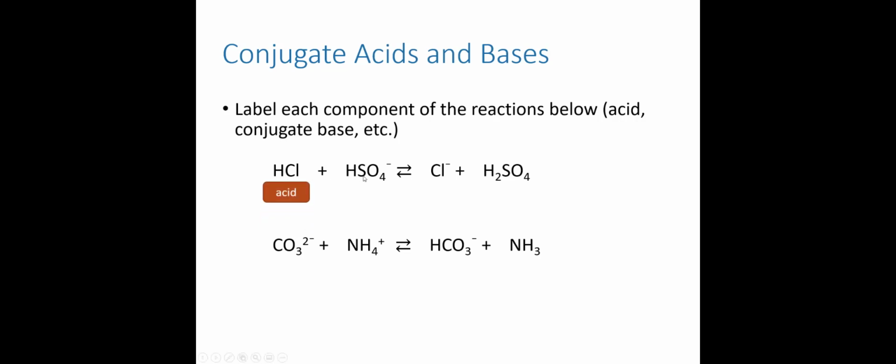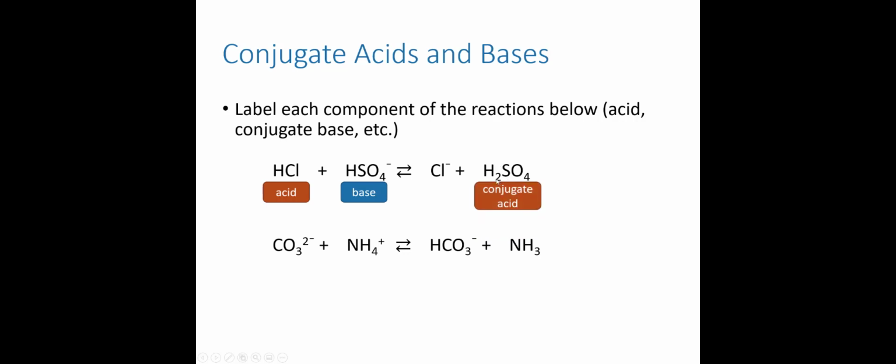That would mean that this compound here has to be the base. And this is the bisulfate or hydrogen sulfate ion. And in fact, if you do compare, it has gained H+ to form H2SO4. So the base forms the conjugate acid.